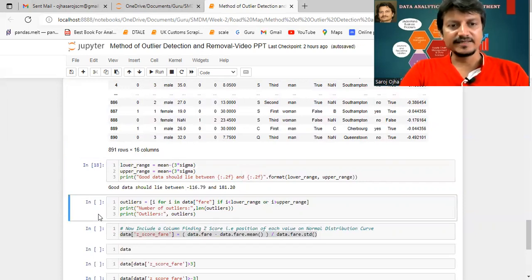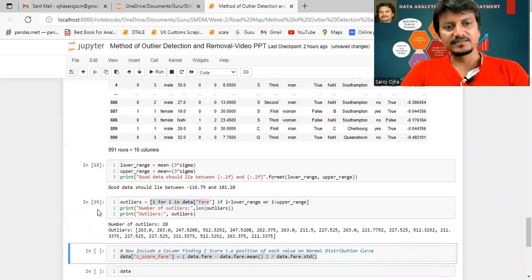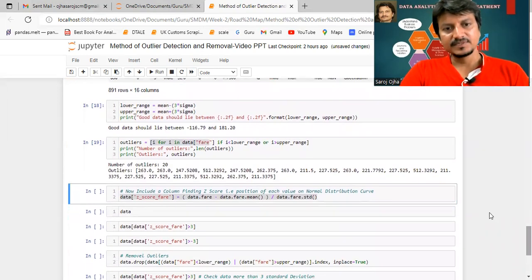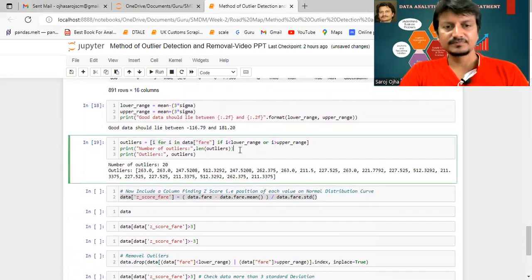Now we can find out, we can cap it. So here we created an outliers object with the iteration, and we cap it at the lower or upper range. Anything beyond this lower and upper range, which I already declared here, is treated as an outlier. So now we have the number of outliers from the system, and these are the outlier values.